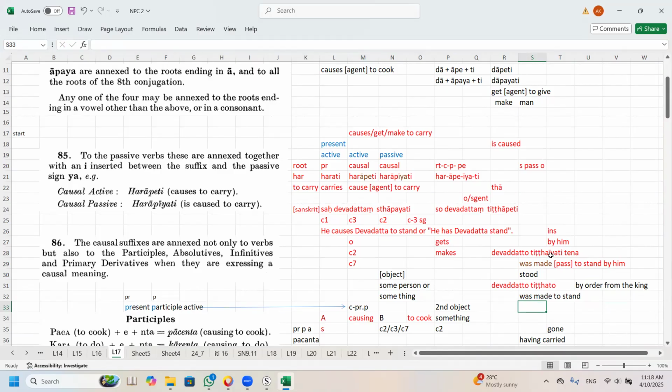So there are two types of passive. As long as you see "by", there must be "by". If you don't see that, then the past participle stands alone by itself: "stood" or "had stood" is good enough. I think you get what I'm trying to say.